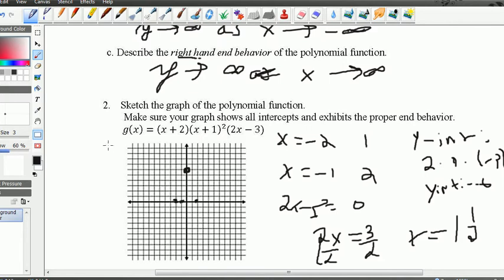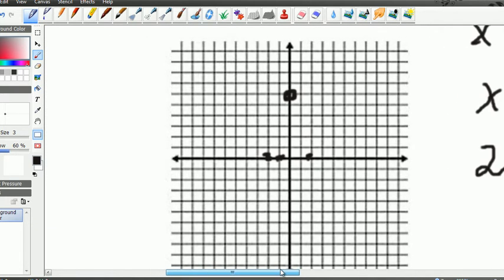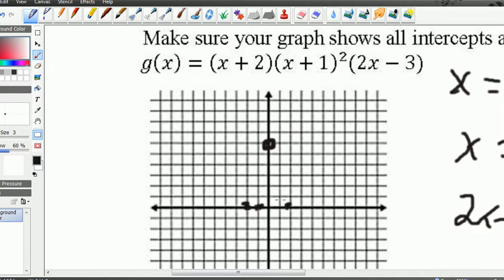Ask yourself, what's going to take place at those points? Well, let's zoom in very close. We know we're going to go through this one, because its multiplicity is 1. Sorry, that's 1.5. So that guy right there should do what?